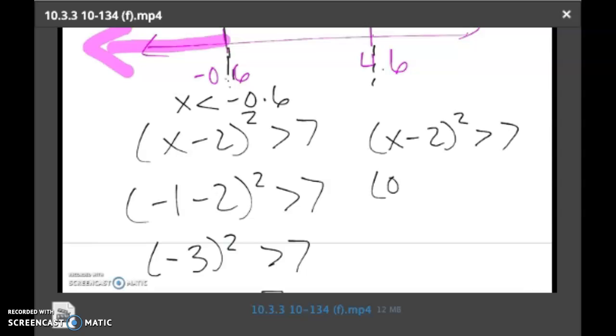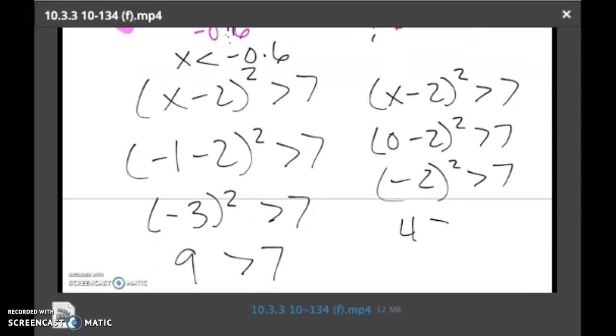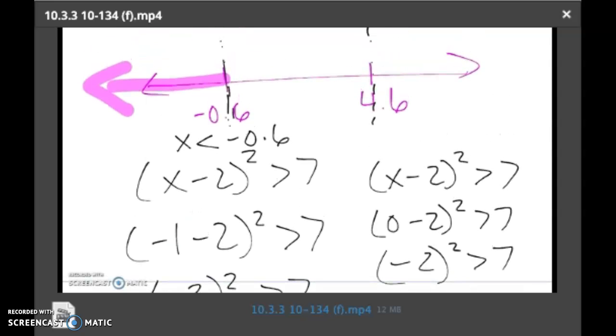So I put 0 in for x, and I get 4 is greater than 7, and that is not true. So that means any numbers between negative 0.6 and 4.6 are not going to be a part of my solution, so I will not highlight that.